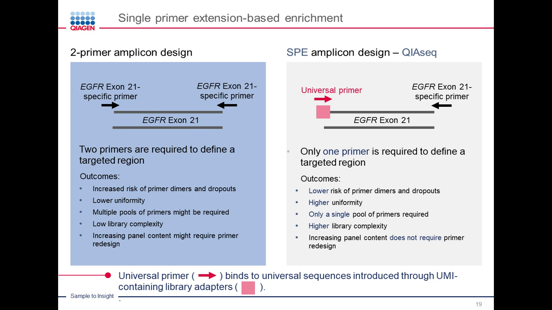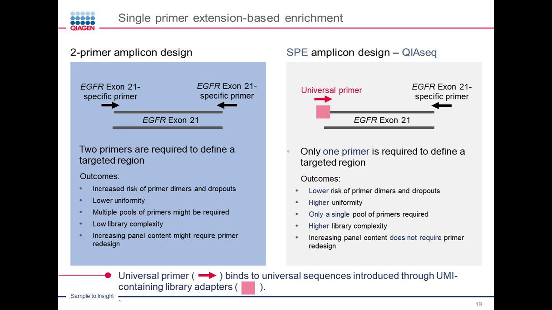The way single primer extension works is very similar to the 2-primer amplicon design. The biggest difference is that your regions of interest are not defined by 2 primers anymore. The region of interest is defined by one region-specific primer.